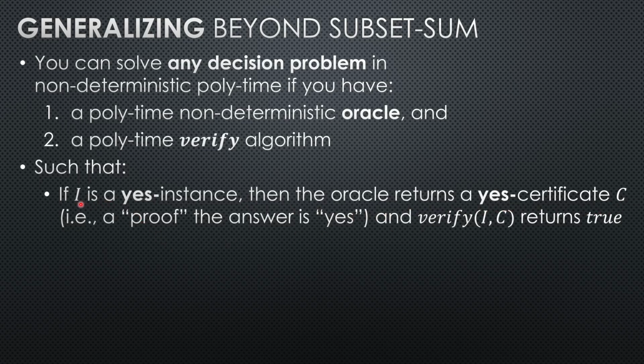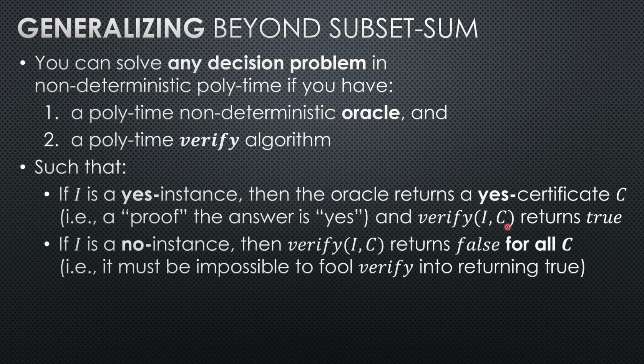In other words, if the correct answer is yes, the oracle returns a proof that the answer is yes. And then your verify algorithm must take a proof that the answer is yes and definitely return true. Now remember, you're taking the input too, so you can check the certificate against the input to establish the real proof that the correct answer is yes. So you should be able to return true in that case.